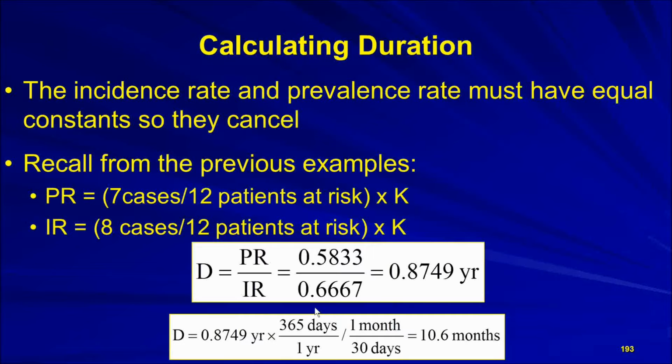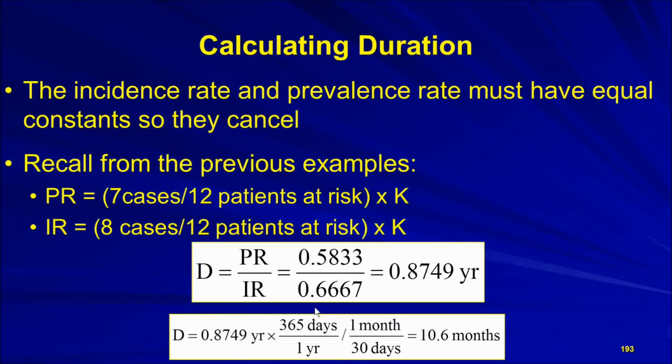Now we have a peculiar figure, 0.8749 years. Most people don't know what 0.8749 years means. I don't either until I convert it. So I'm going to take that figure, because that's duration, and convert it to a period.